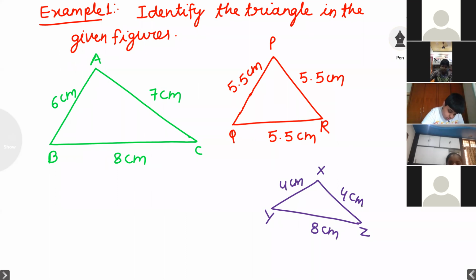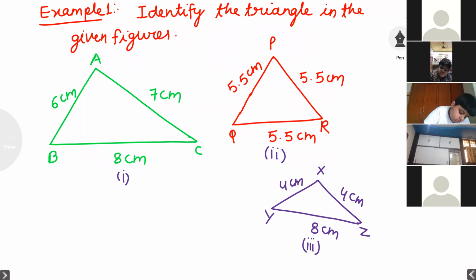Everyone draw this figure very clearly. Identify the triangle in the given figures. There are three figures: figure 1, figure 2, and figure 3.